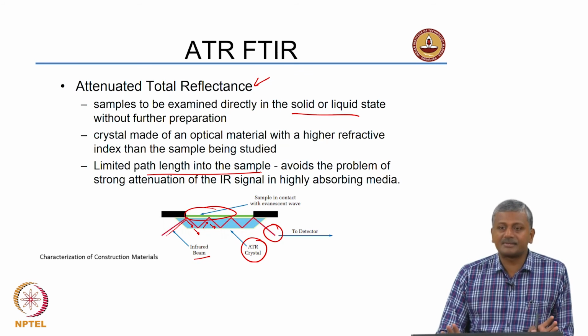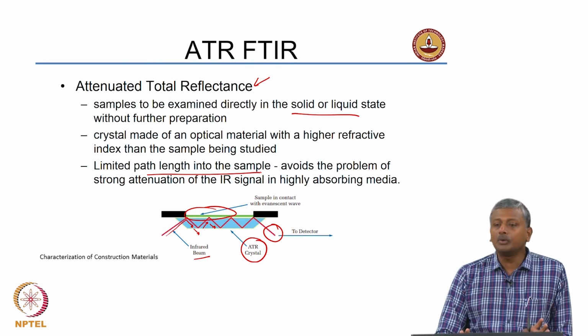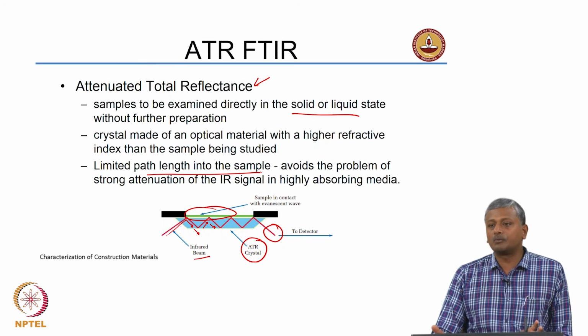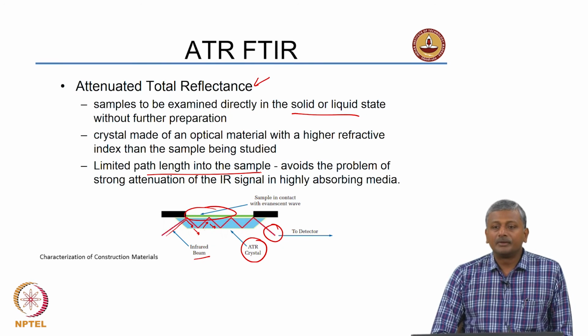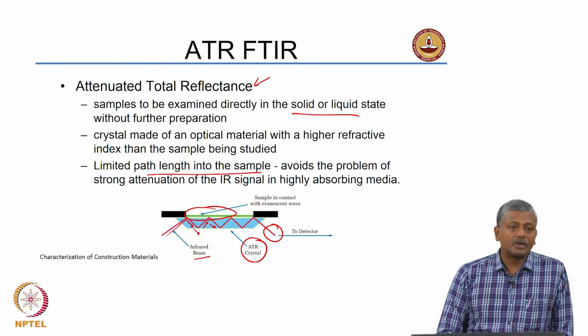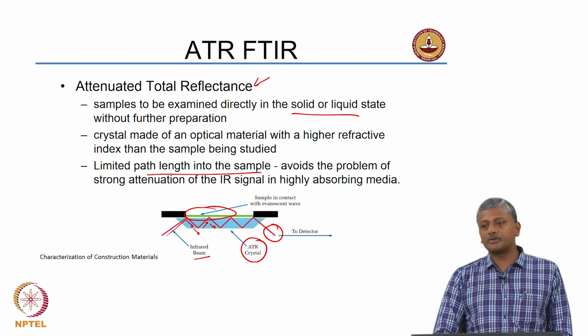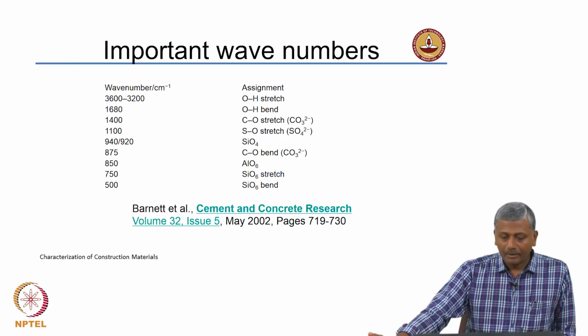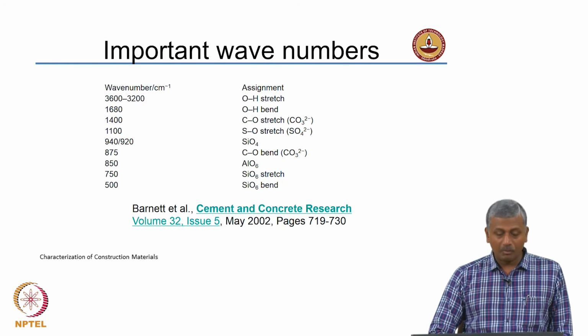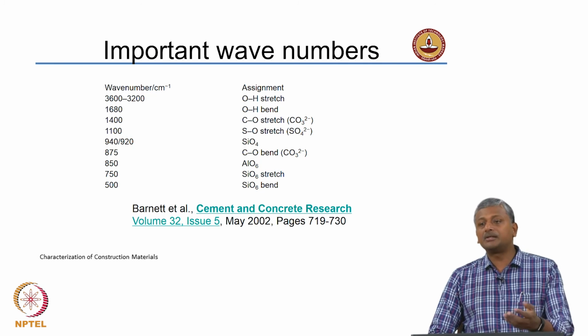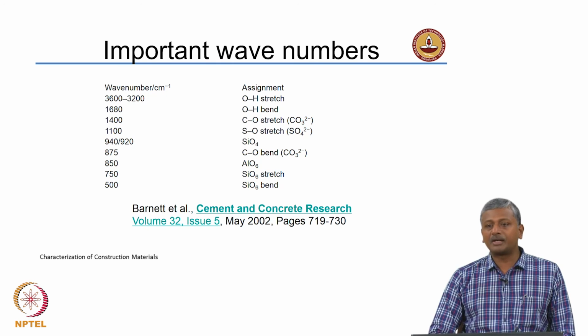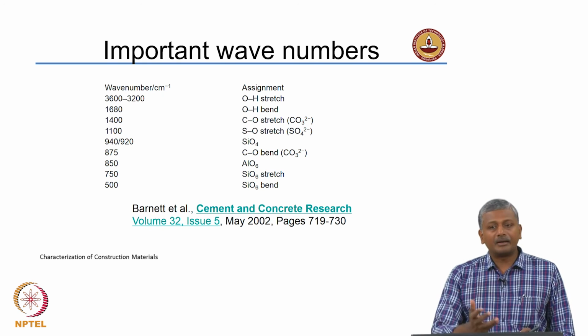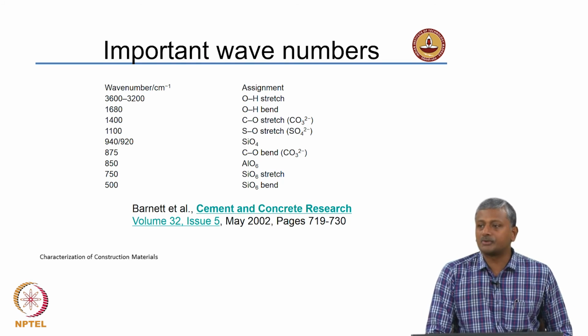But the analysis is the same. Once you get the signal out, you need to do a Fourier transform and convert the signal into your transmittance pattern. You measure the transmittance as a function of the wave number or frequency. Just to give you an idea about what these different wave numbers mean and how to interpret your patterns, there are several papers that have explored different types of cementitious systems and outlined the specific locations of these peaks.